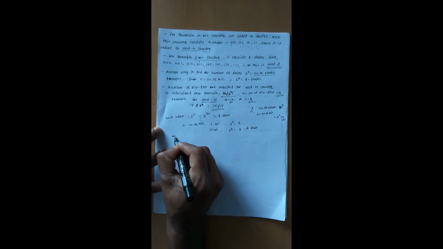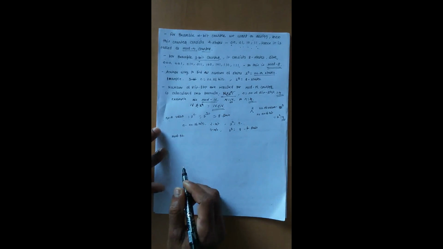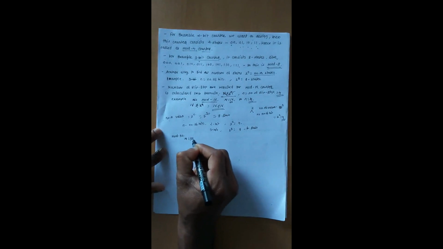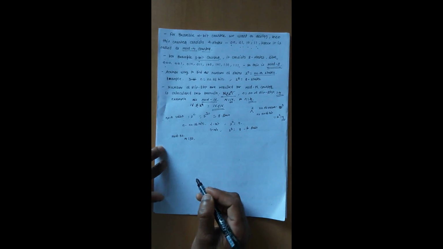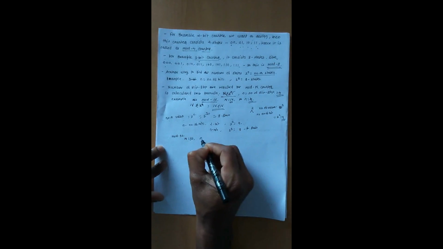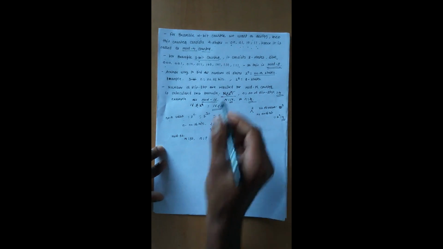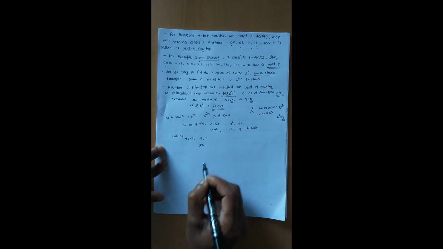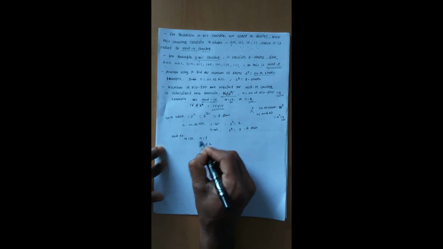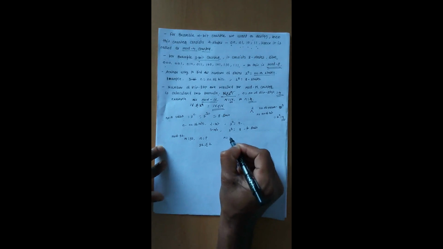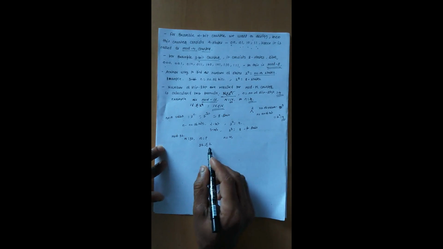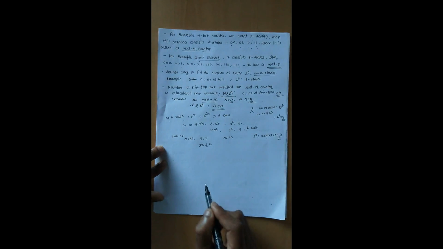For example, modulus of 32. So N is equal to 32. But we want to find the number of flip-flops, so we don't know n. We know 32, so at which value will this equation be satisfied? We will first consider n is equal to 4, that is 2 raised to 4, which is 2 into 2 into 2 into 2: 2 into 2 is 4, 4 into 2 is 8, 8 into 2 is 16. 16 is not equal to 32.